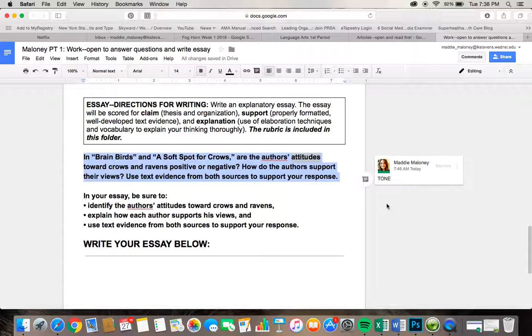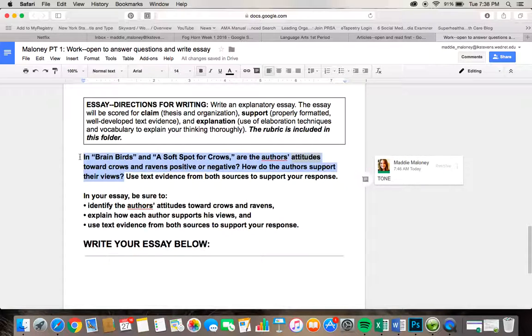Okay, so you will have noticed that I highlighted attitudes, and that's the same thing as tone. So sometimes, don't let it throw you off, we use different words to mean one thing. So this is all to say that I better see the word tone in your performance task, and if I don't, I'm going to be upset with you.